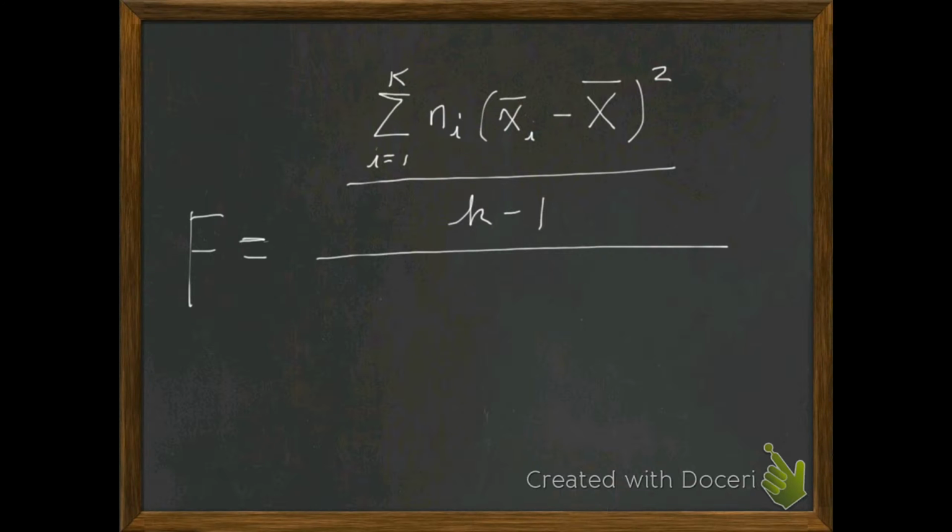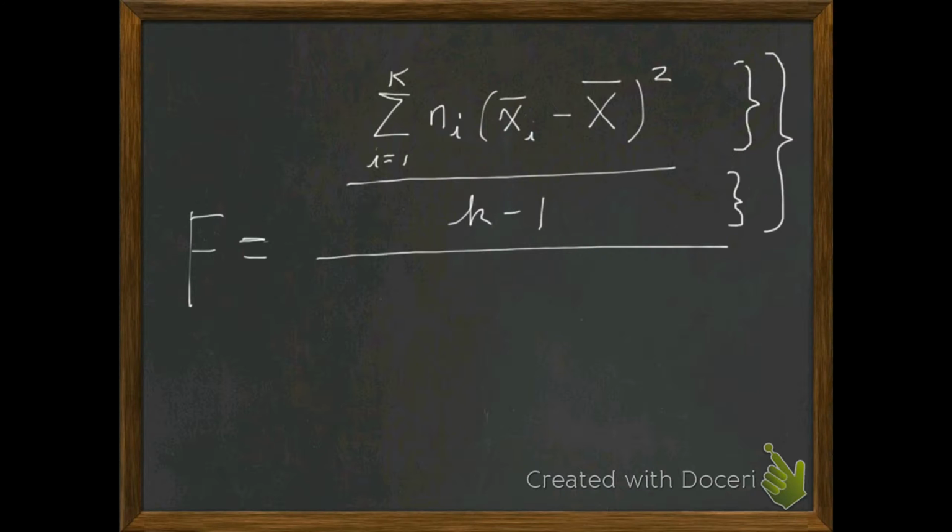So all of this stuff up here is called the sum of squares for the factor. This is called the degrees of freedom for the factor. And all of this is called the mean square for the factor.